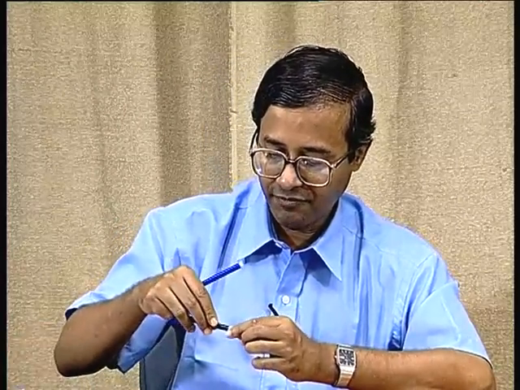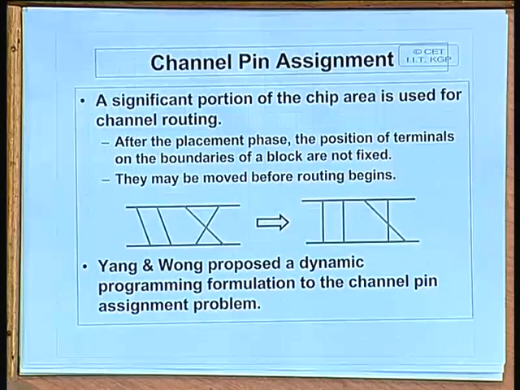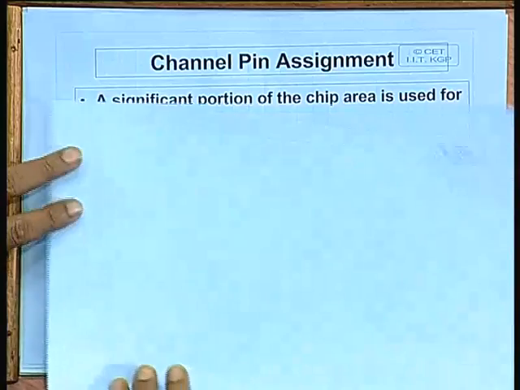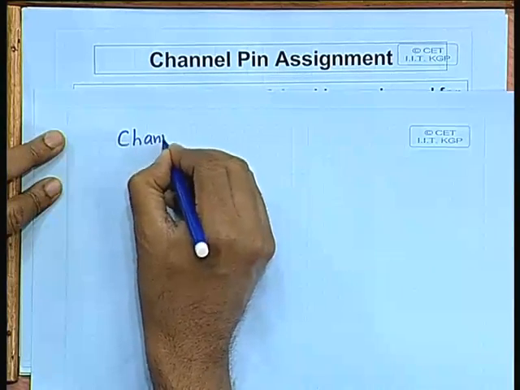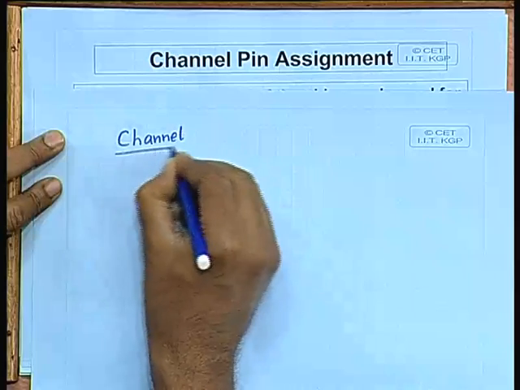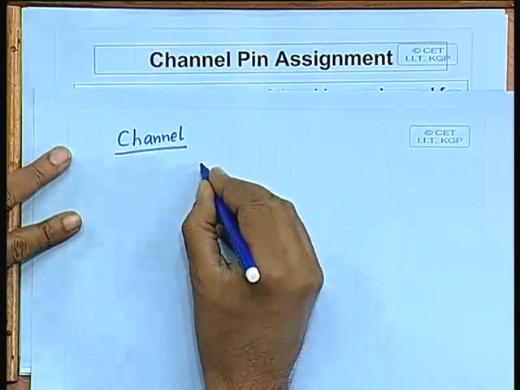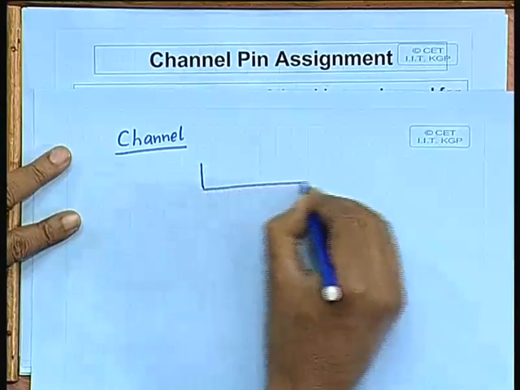So, among the specialized methods, I told you that if you are having a standard cell based design, you can have a simpler sub problem, which is called channel pin assignment. Now, a channel is something like this. We will look into channels in much more detail later when we talk about routing, but a channel is something like this.